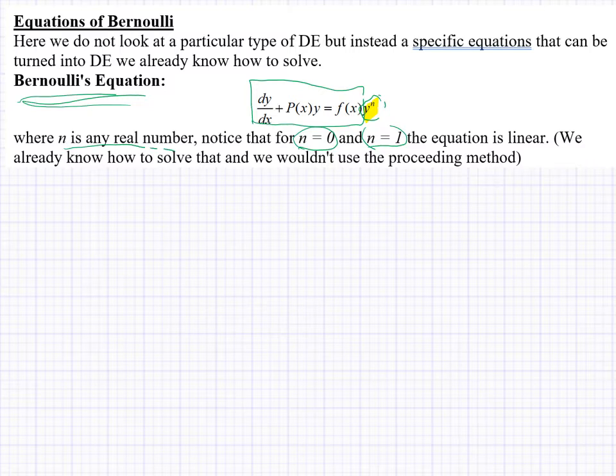And if n equals 1, we can move this piece over to the other side with the other y to the first, setting it equal to 0, and you would still see that it would be linear. There's no need to change anything of what we've already done when we talk about linear. But let's look at what happens when that n is not 0 or 1, but any other possible real number, and see how we would go about solving it.